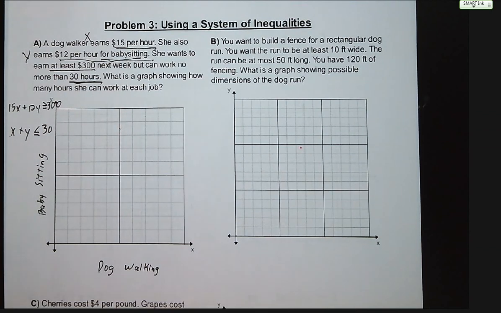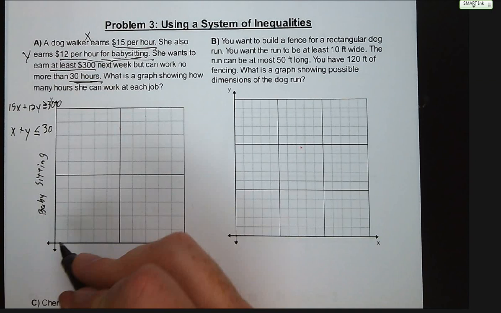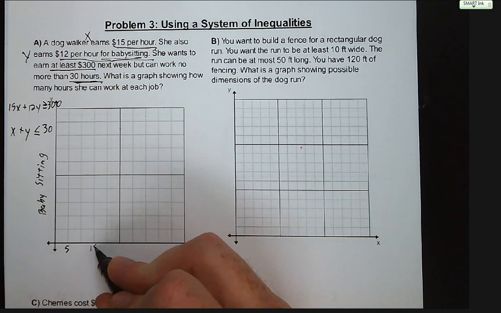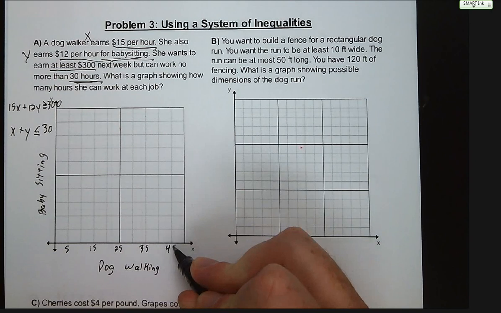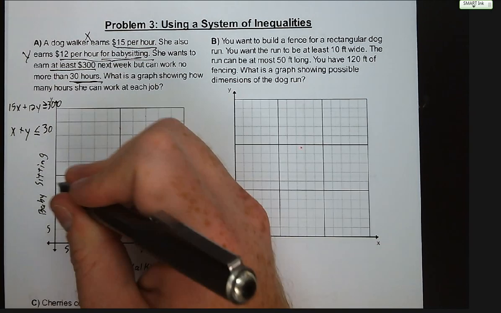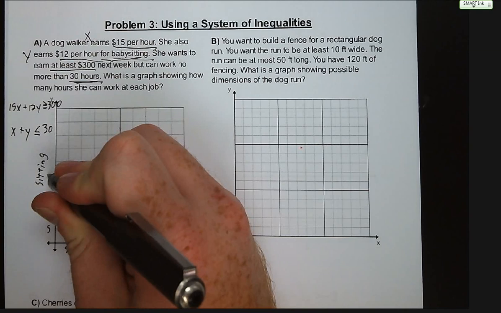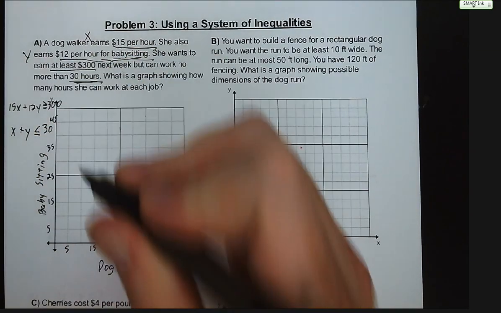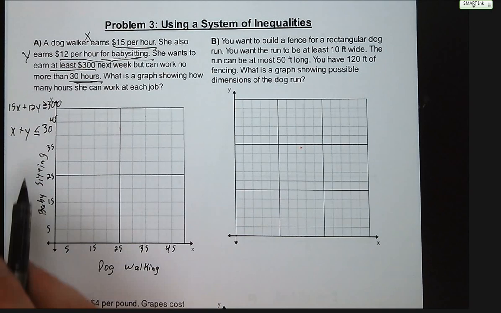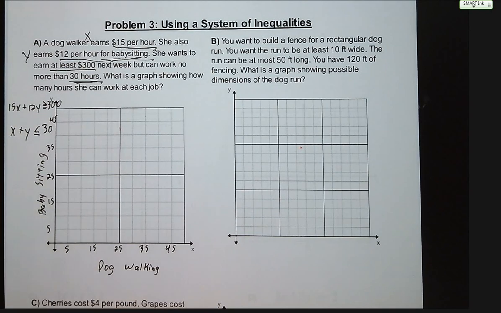So I'm going to go by fives each line. So 5, 10, 15, 20, 25, 35, 45. I'm going to do the same on my y-axis. Okay, so it kind of blends into our equation there a little bit. Sorry about that. So now we need to graph our two lines.